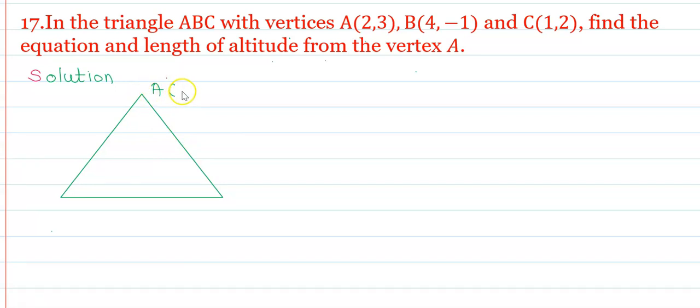A is (2, 3), B whose coordinates are (4, -1), and here C. Now the altitude from the vertex A, this is the altitude, AM is the altitude.